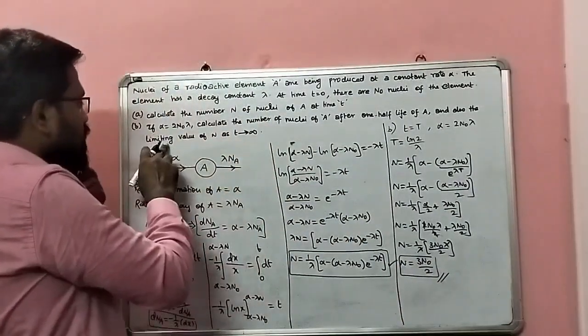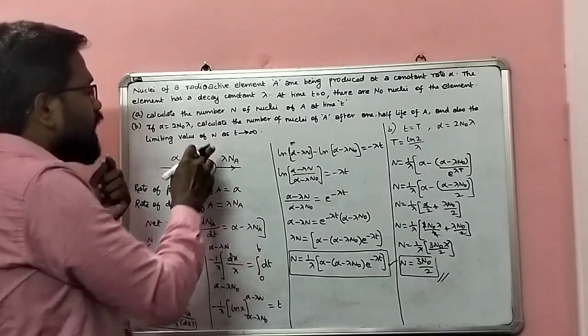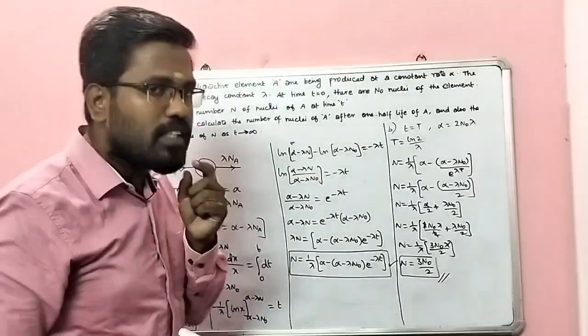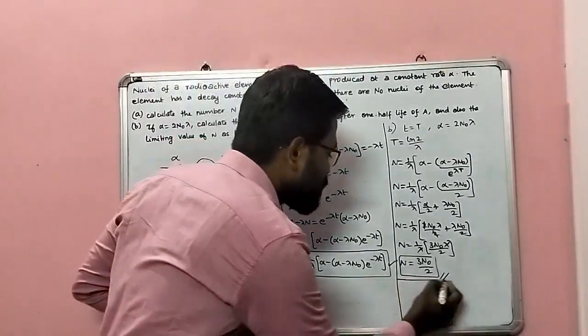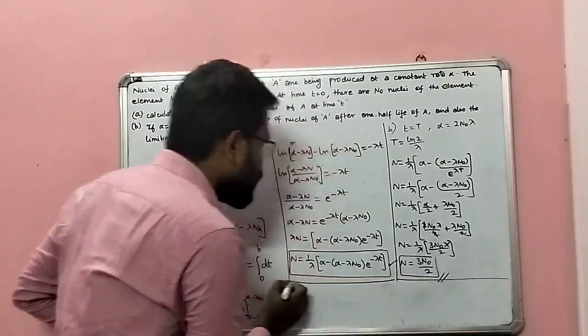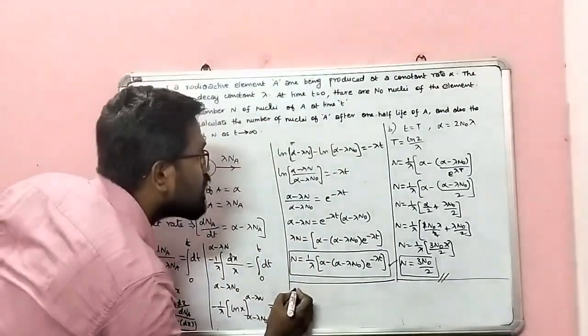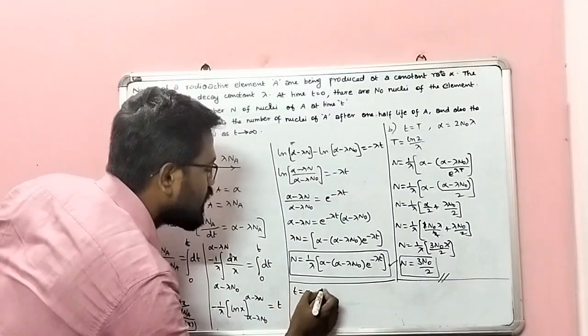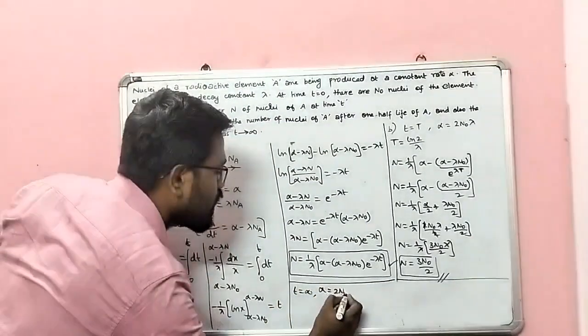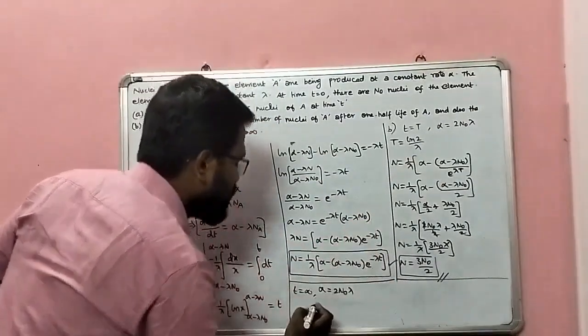They also ask us to find the limiting value of n at t equal to infinity, that is the maximum value. Let us find that by substituting t equal to infinity and the same value 2 n0 lambda in this equation.